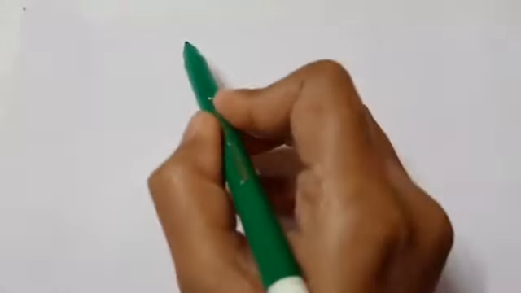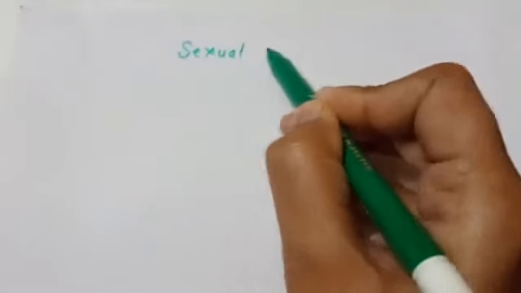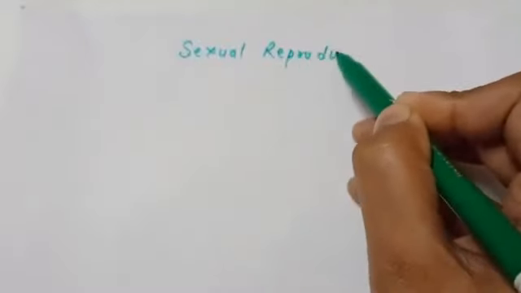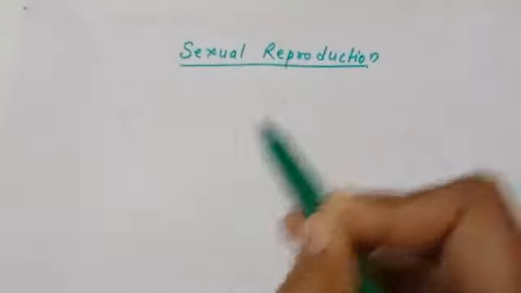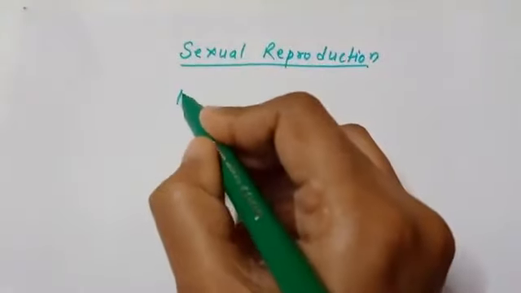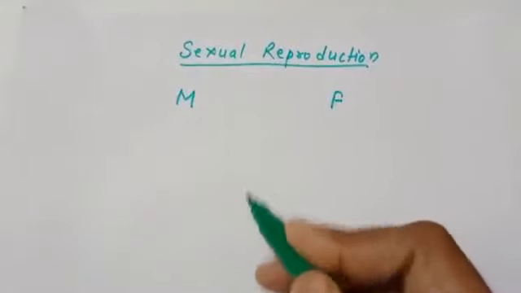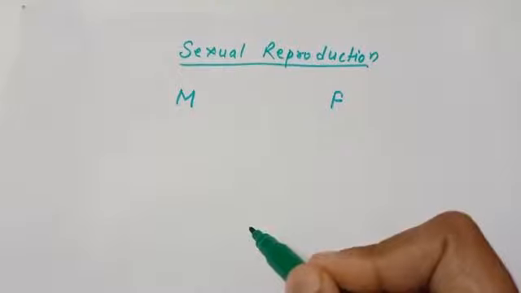If we try to understand it with a basic method, we know that during sexual reproduction, the gametes or the germ cells from male and female come together and fuse, and hence the zygote formation takes place.